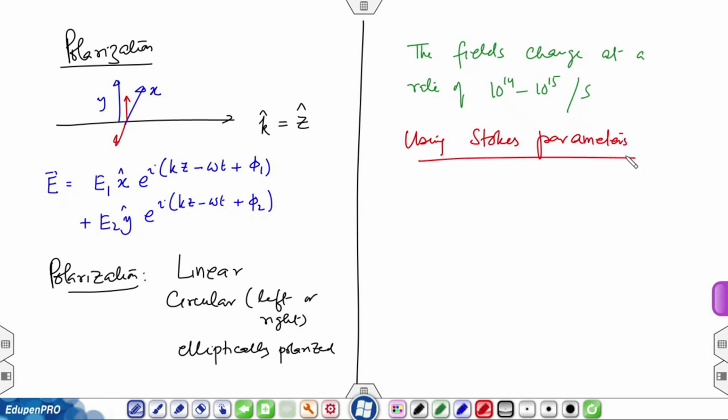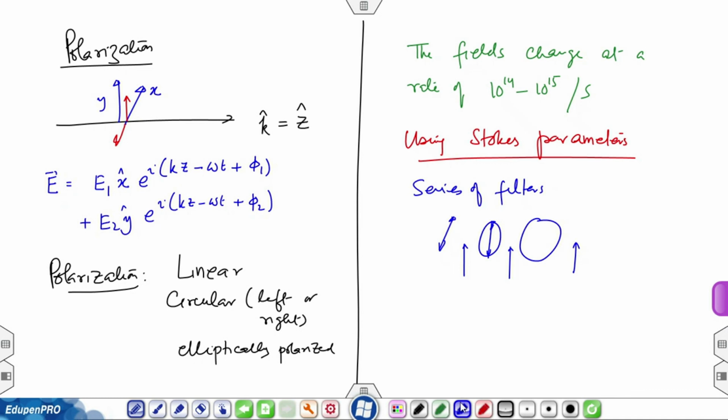So, what is done is take a series of filters, something that would give you linearly polarized light in one direction, another which would give you light at 45 degrees, something that is a quarter wave plate and so on, and you measure intensities after each one of these, and these could be related to Stokes parameters.